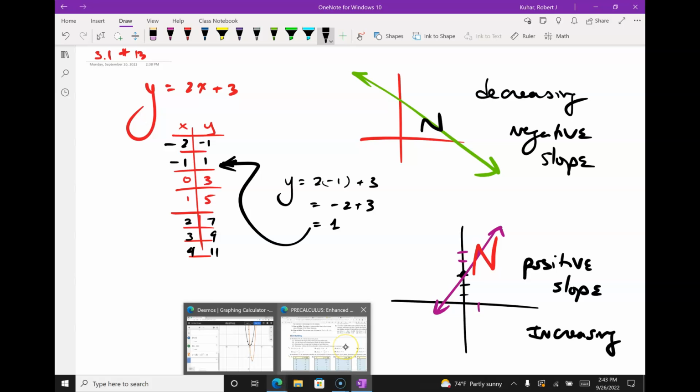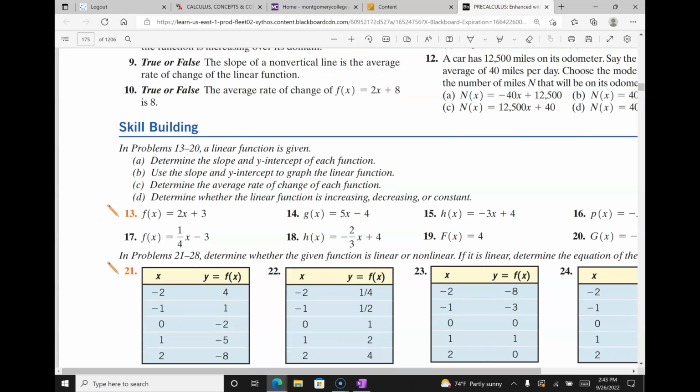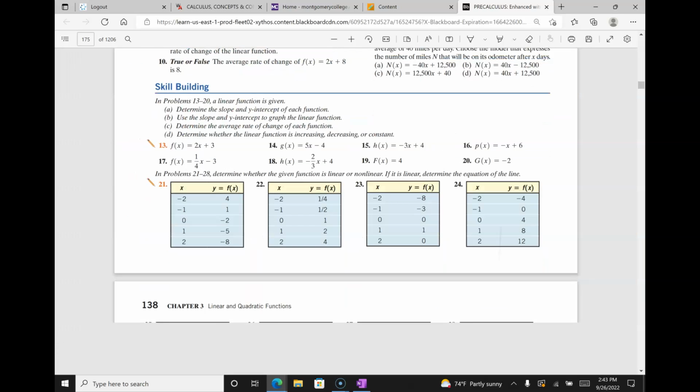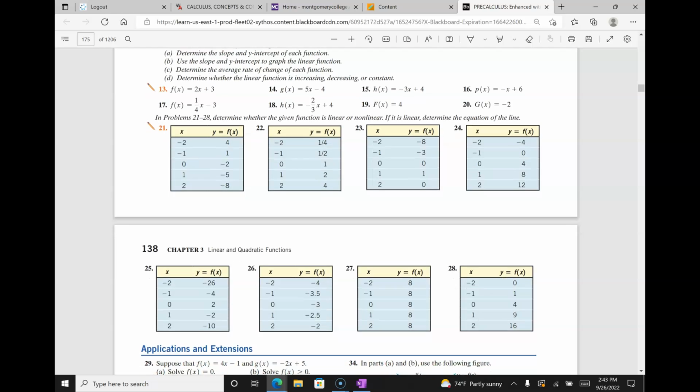All right. So I assigned problem 21 for homework. Let's take a look at 26 here. So 26, look at my x values.